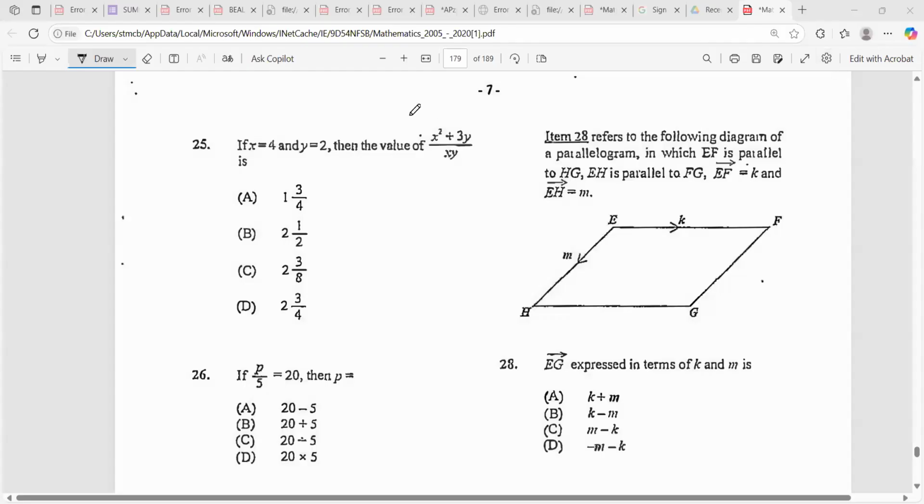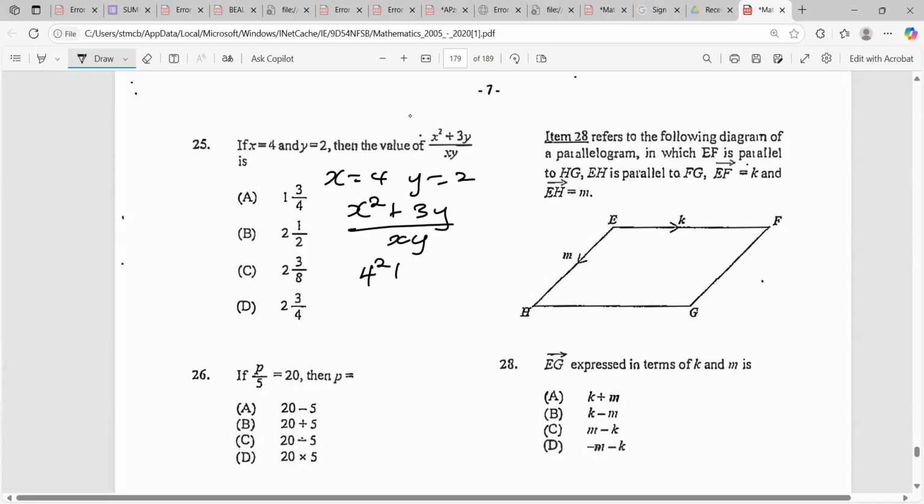All right, so it says x is equal to 4 and y is equal to 2. Then the value of x squared plus 3y divided by xy. So x is 4, y is 2, and of course we have x squared plus 3y over xy. So x should have been 4 squared plus 3y, which is 3 times 2.